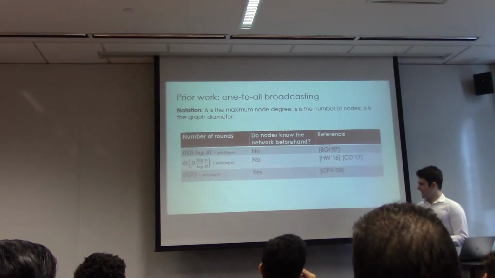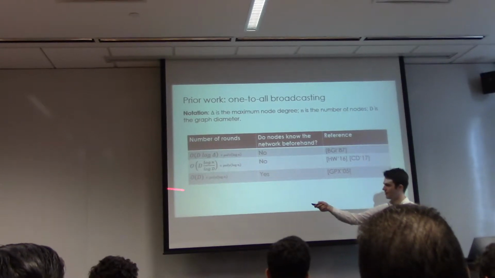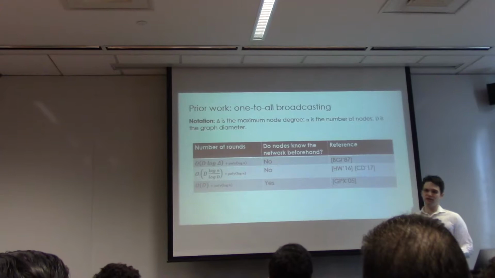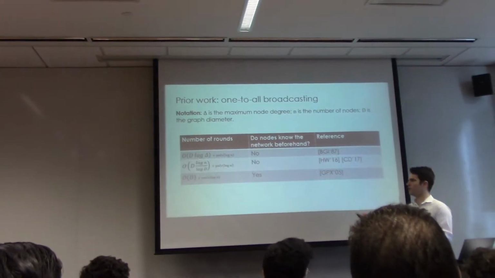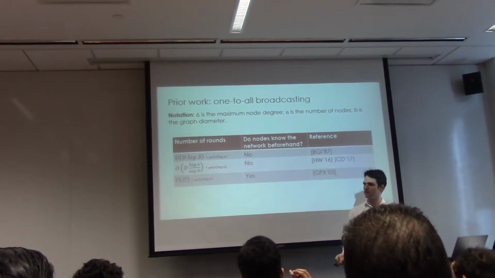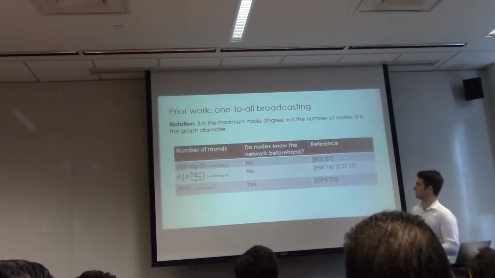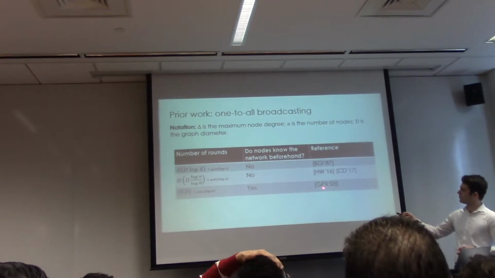And if you have this assumption, then you can have an optimal protocol that takes only order diameter rounds. Optimal in the sense, well, you obviously cannot broadcast in less than diameter time. So this is optimal up to this constant factor. Good. It was done in '05 by Gasieniec, Peleg, and Xin.